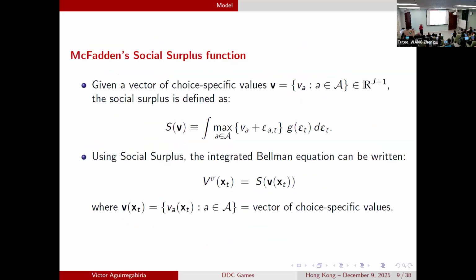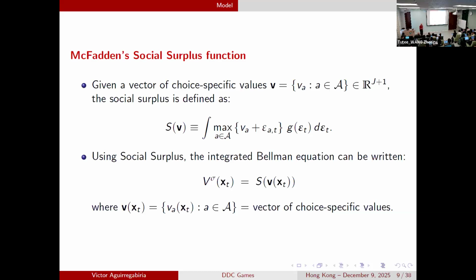Let me define something that is going to be useful and important for the results, and it's McFadden's social surplus function. McFadden's social surplus function applies the concept to either static or dynamic models. Basically, give me a vector of deterministic utilities or values, V's, for each possible action.